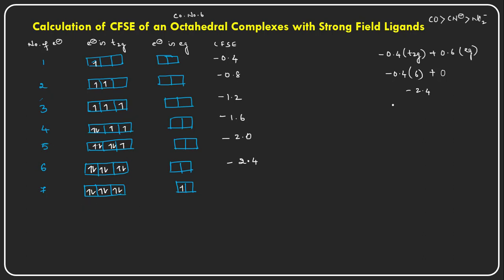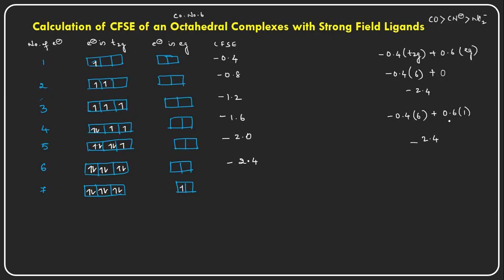So now here the minus 0.4, that is 6 electrons are present in the T2g orbital, plus in the Eg orbital now 1 electron is there. So minus 0.4 into 6 will be minus 2.4, right?